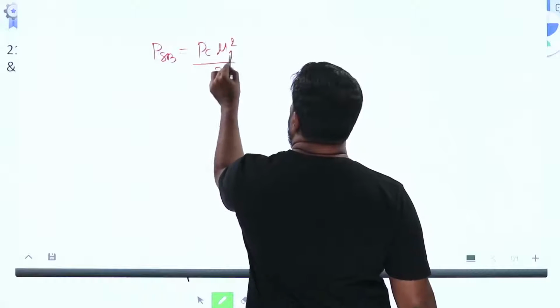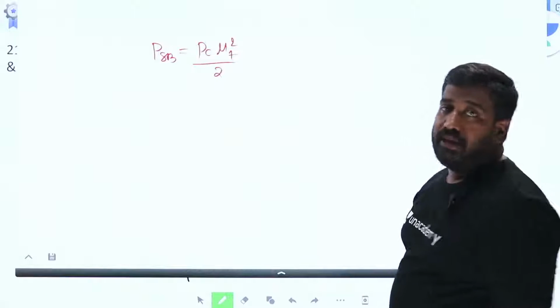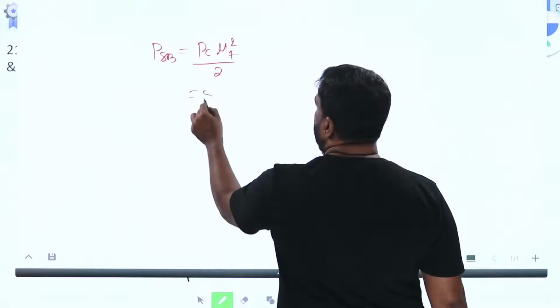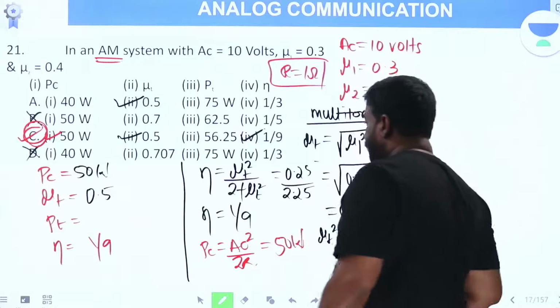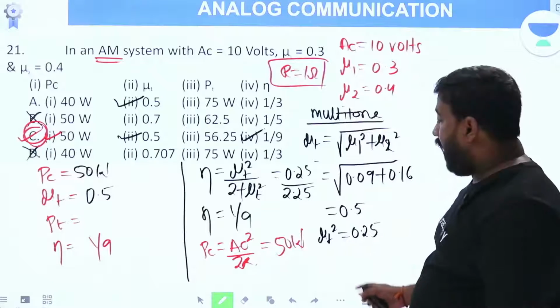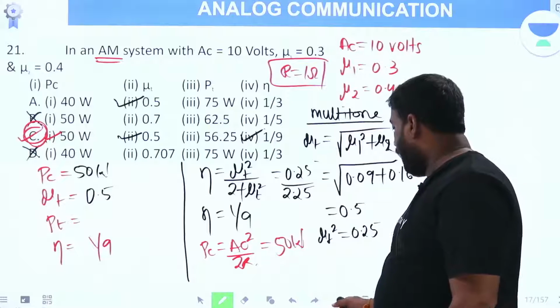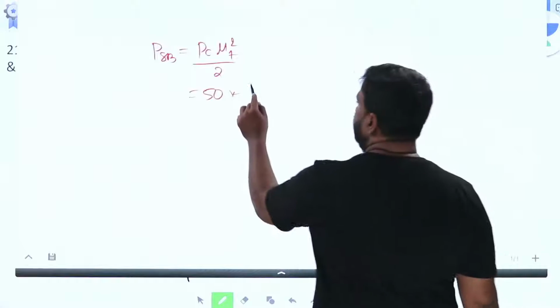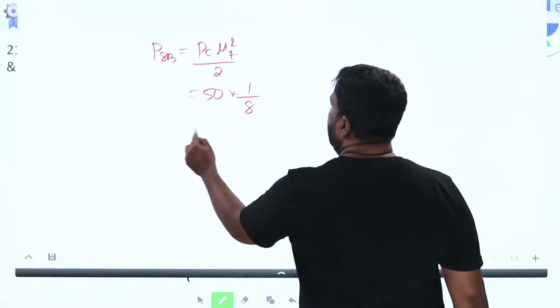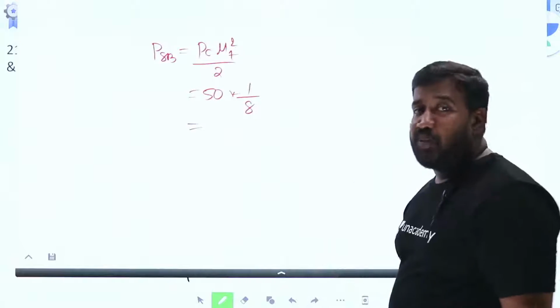Here it is multi-tone modulation, therefore mu t square by 2. PC you got as 50 watt. So 50 into mu t square by 2. How much is mu t square? 0.25, 1 by 4. 1 by 4 by 2 is 1 by 8. Therefore this is 6.25.